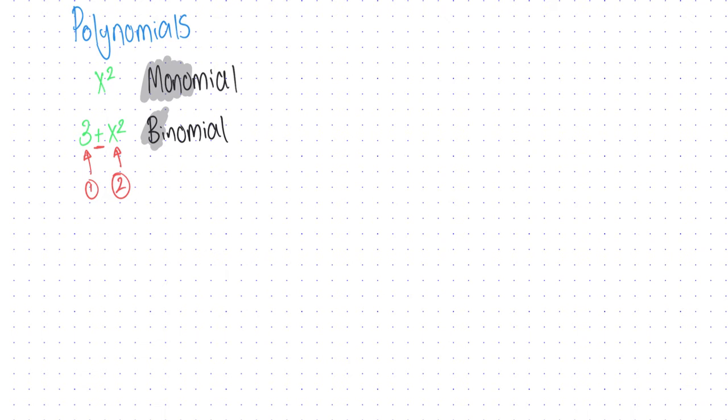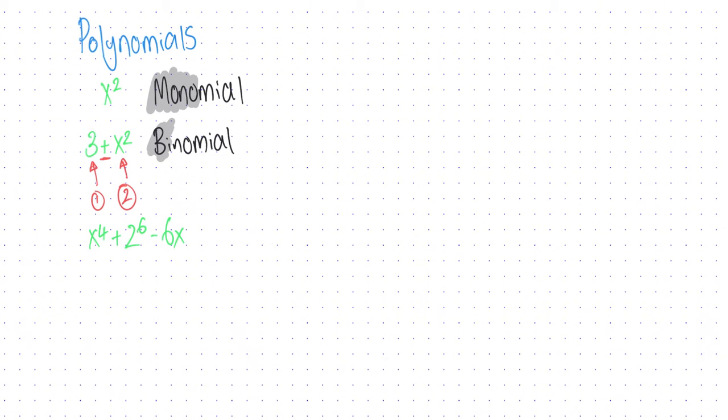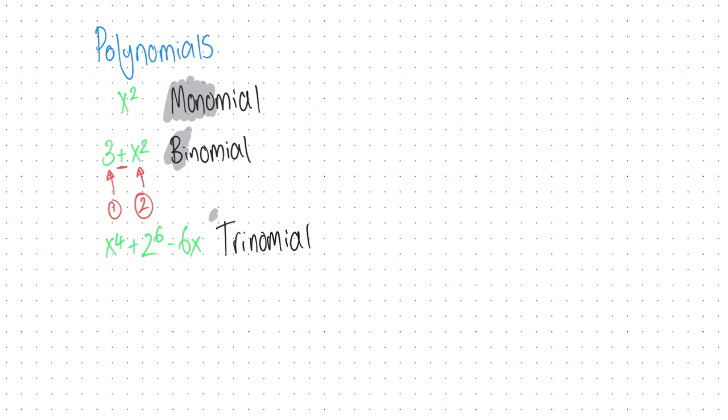Then we keep going. So then we maybe would have x to the power of, let's say, 4 plus z to the power of 6 minus 6x. So this now has three parts to it. So this would be called a trinomial, because tri, like a tricycle, means that it has three parts.